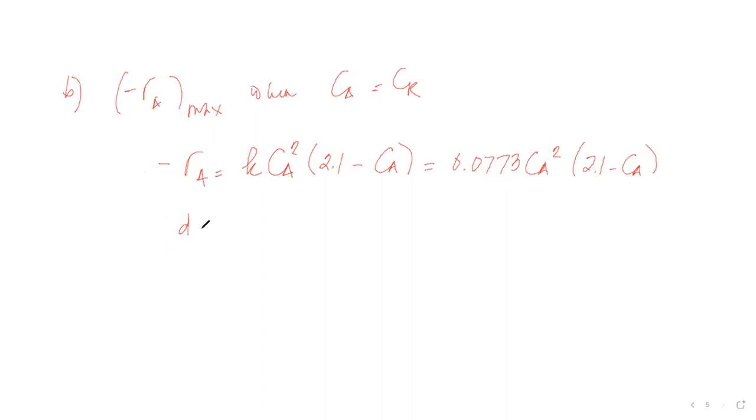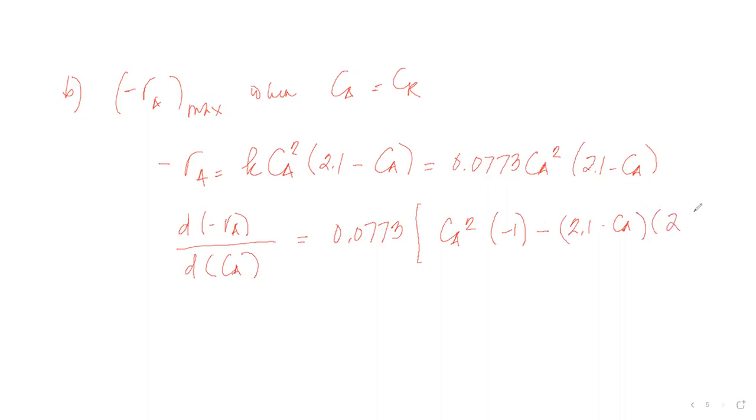You have to get the derivative of the rate with respect to CA, just like this is Y and this is X. So if you get the derivative, that would be 0.0773, and you will use the product rule: first term times the derivative of the second minus the second times the derivative of the first.